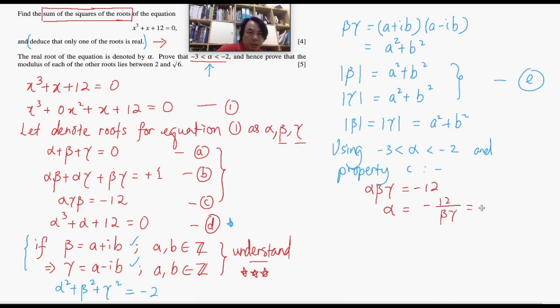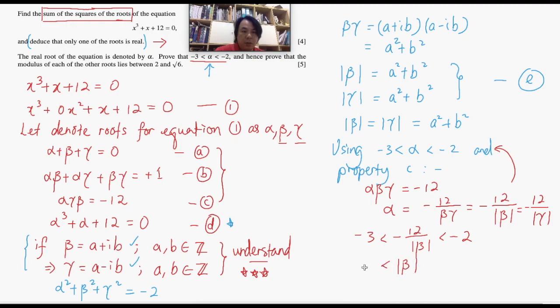So we can write down -12 over this one, or we can write down -12 over this one, because both of them are the same. So let's choose one of these. We're going to substitute this into here. So we will get -3 less than alpha, which is -12 over beta gamma, less than -2. Right, now if you deduce it and simplify it, you will find that the square of the modulus must be greater than 4, less than 6.